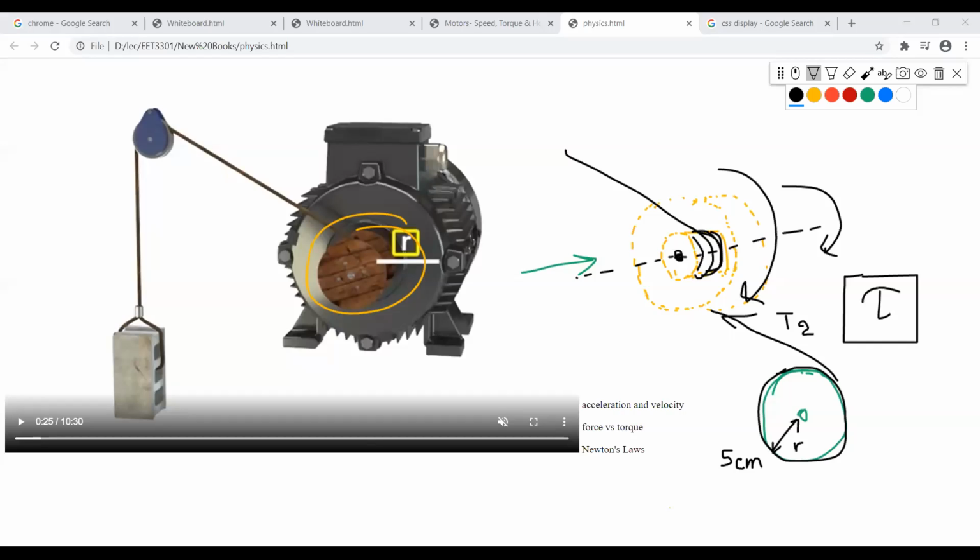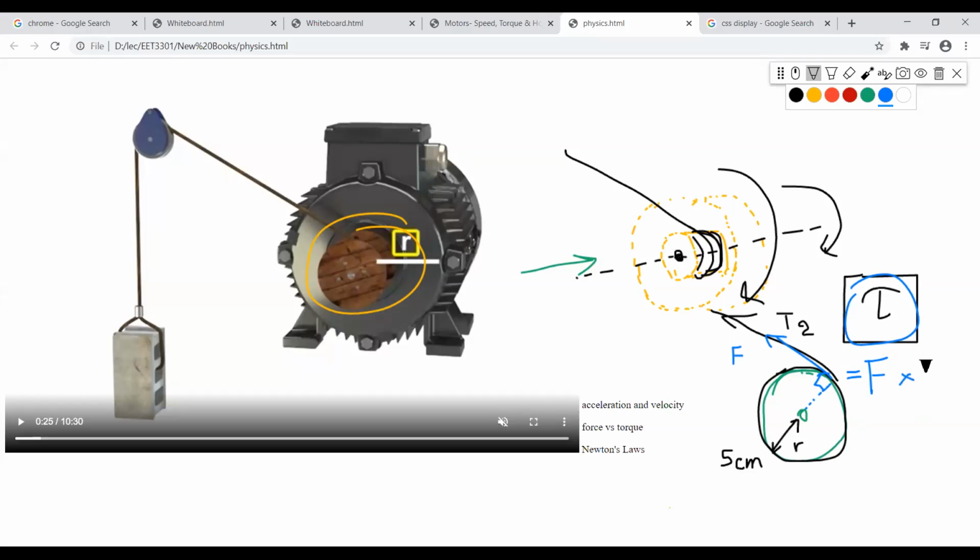Therefore, I'm going to discuss this part. So I just now told you torque is, right? The torque is equal to the force, this force, multiplied by the perpendicular distance, or the perpendicular component of the force multiplied by the radius, that's one way, or else the perpendicular distance from the axis to the force, that is the other one, right?